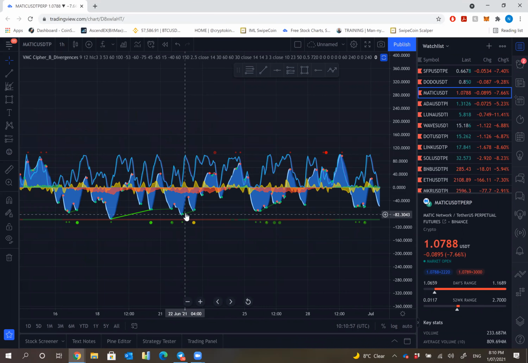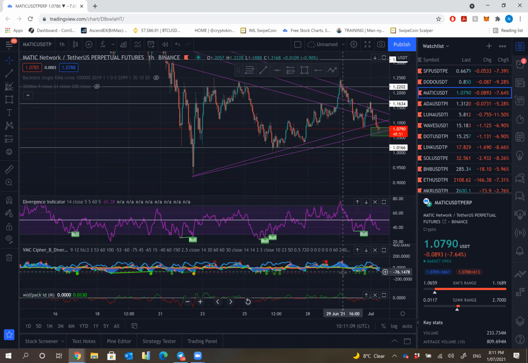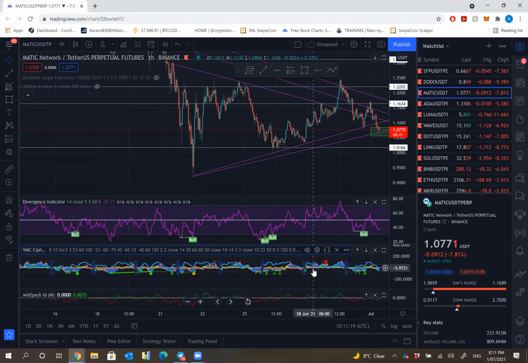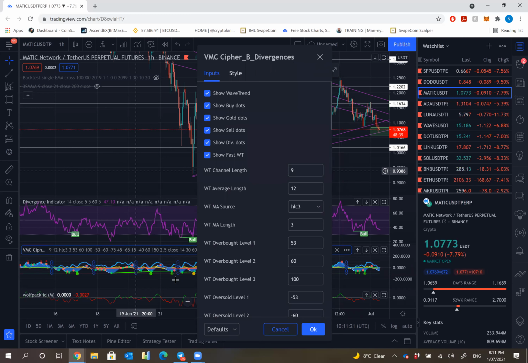Usually your deep wave wants to be below 60. When you scroll your mouse over, you can see the value, like negative 95. It goes from 0 all the way to 200.